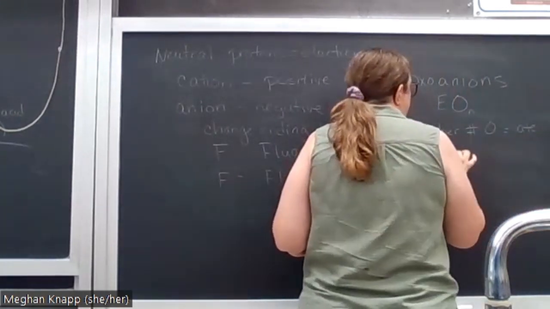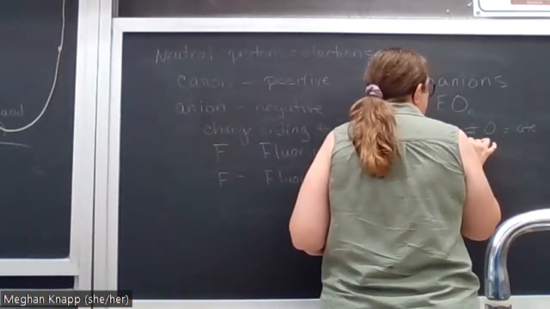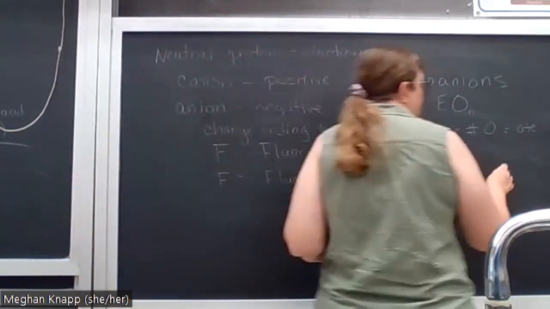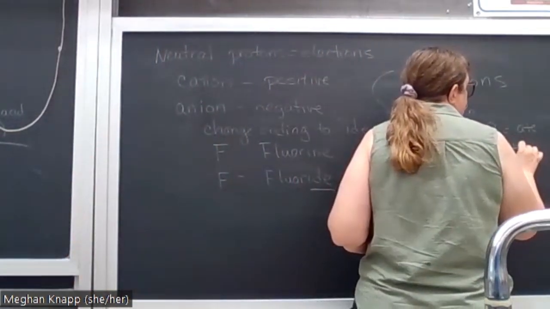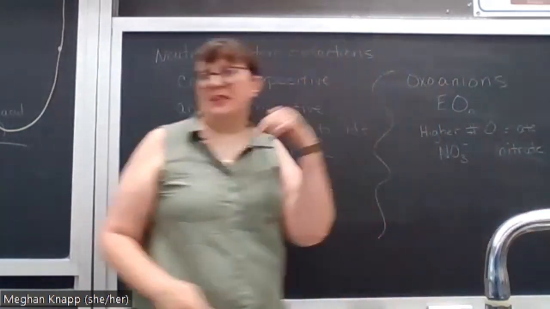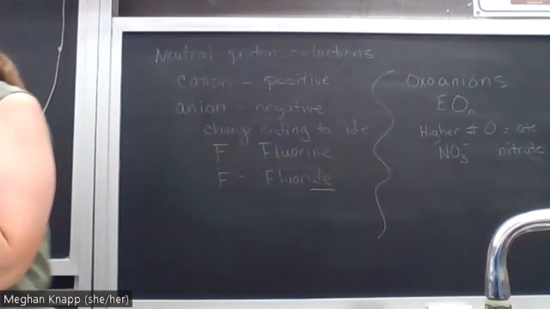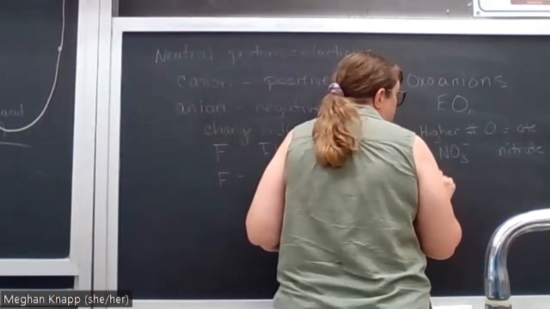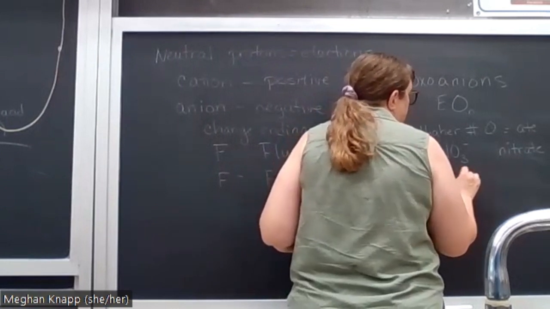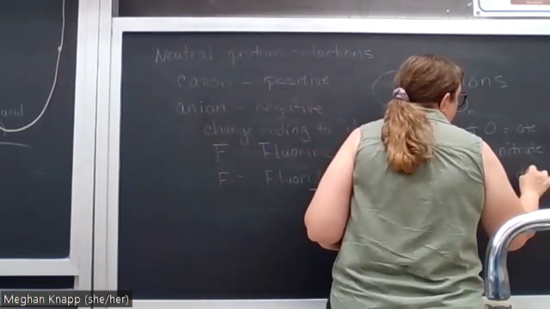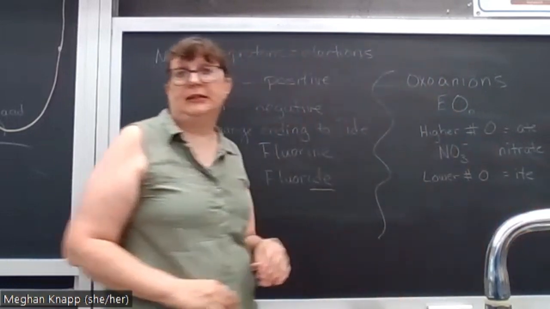So if I have NO3 minus, I have 3 oxygens. This one ends in -ate, nitrate instead of nitride. Okay, so if I see -ate, I should be thinking there's oxygen there. If I have NO2 minus, then the ending is -ite.